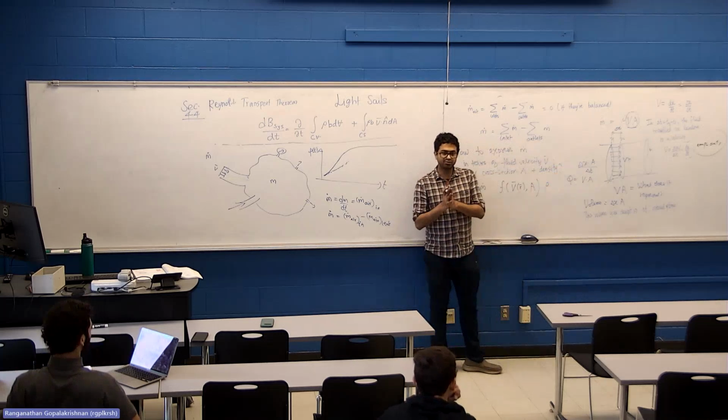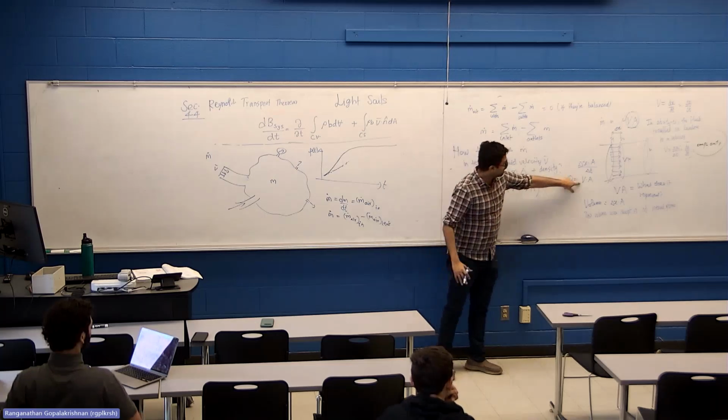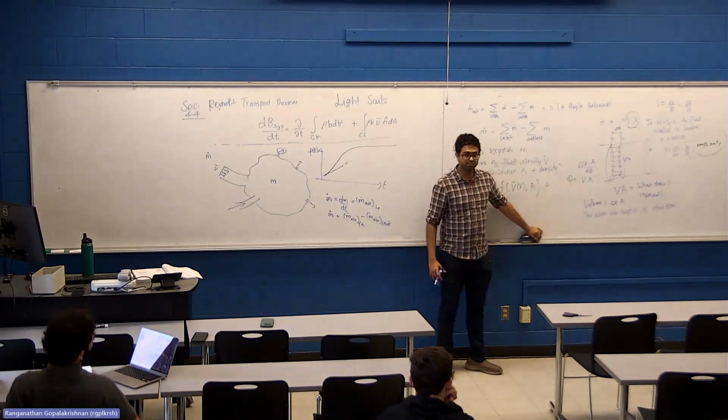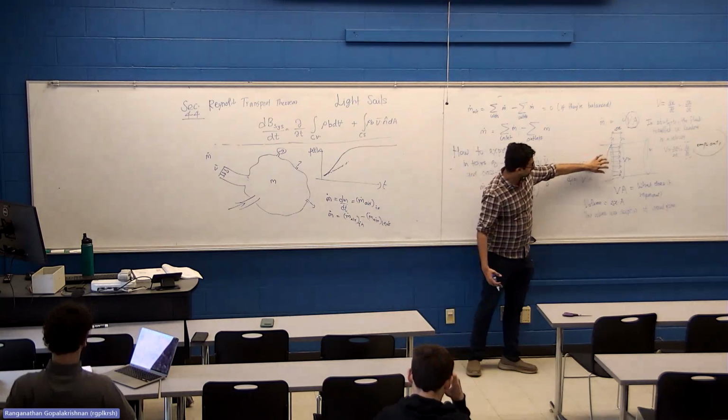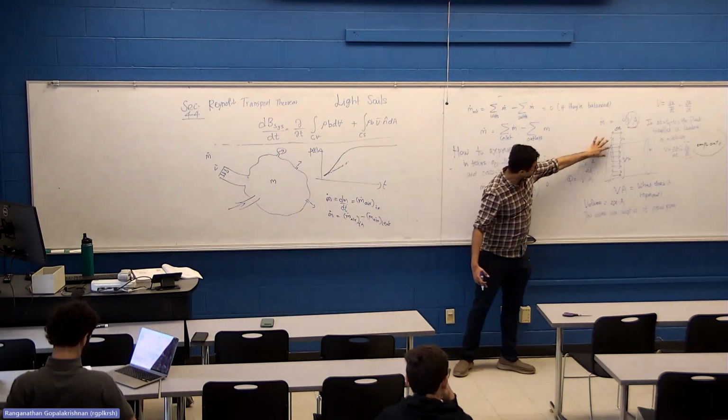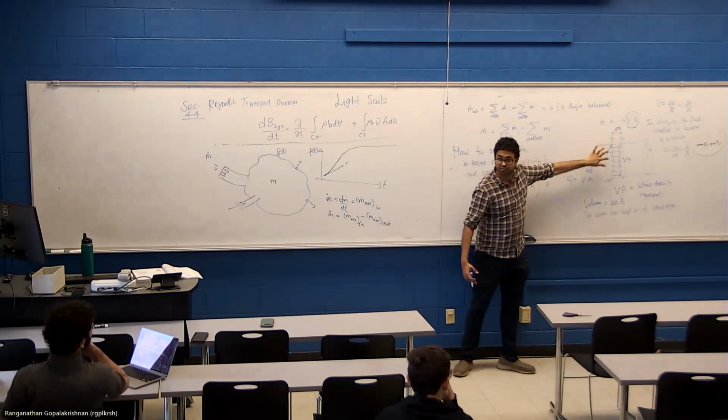The implicit assumption while writing that is V is constant across A. The idea of a pillbox will only work if velocity is the same across the entire cross section. Right?